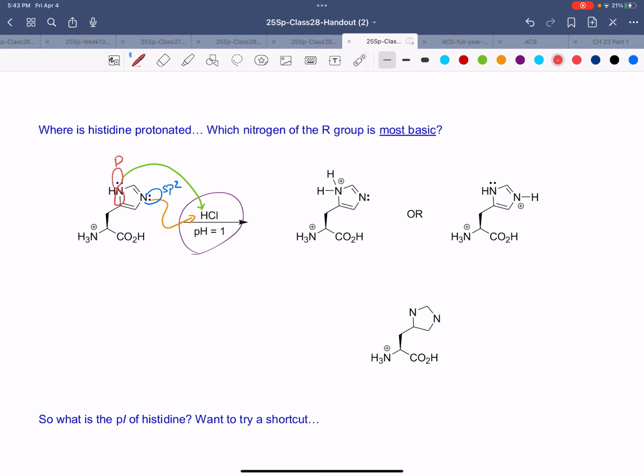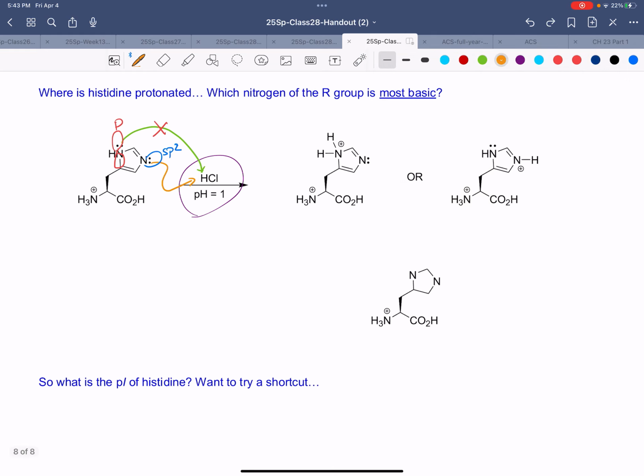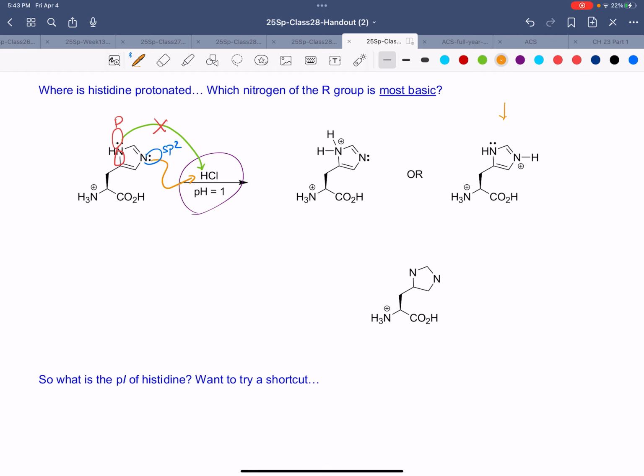Okay, which one is more available? The one in sp2, because the lone pair in the p orbital is part of resonance, as part of the aromaticity of the molecule, and it's circulating. It's not available to grab that H. My guess is this one here, the orange arrow. It is the place of protonation.